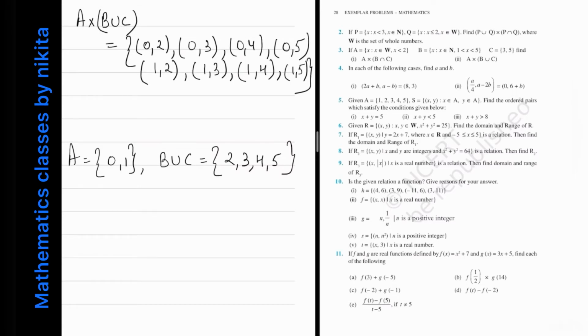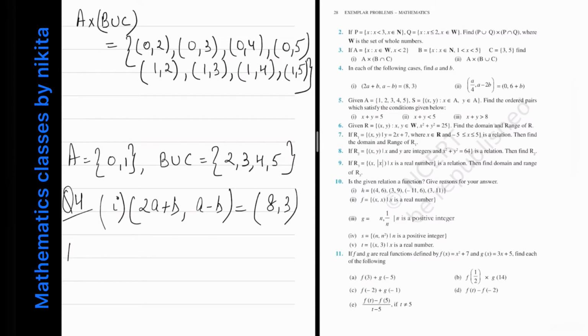I hope the question is clear to you. Now next we have question number 4. In each of the following cases you have to find the values of small a and small b. So in the first part it is given that (2a + b, a - b) is equal to (8, 3). Now you know that two ordered pairs are equal if their corresponding elements are equal.